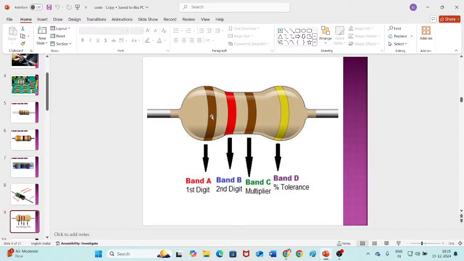I am taking it here. You can see 4 colors here, 1, 2, 3 and 4. We start from the left side. Always you must start reading the resistor color from the left side.